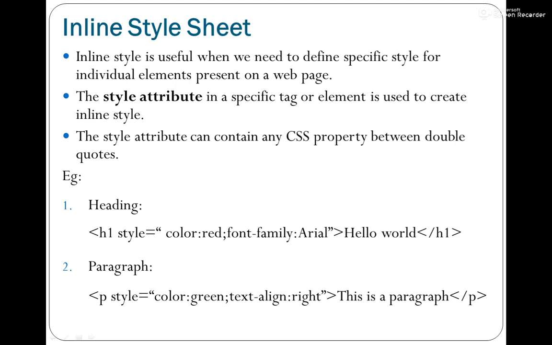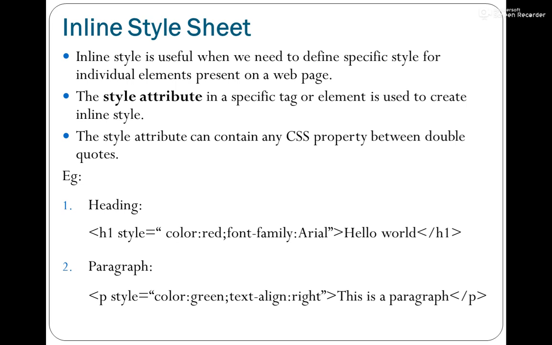So the second example is for a p tag. If I want to style a p tag, I can use this style attribute with the p tag as well, because this style attribute can be used with any tag of HTML. So I am using this style attribute with the p tag, where again in double quotes I am giving the declaration part which I used to give earlier in the curly braces. So here what is the styling I have given?